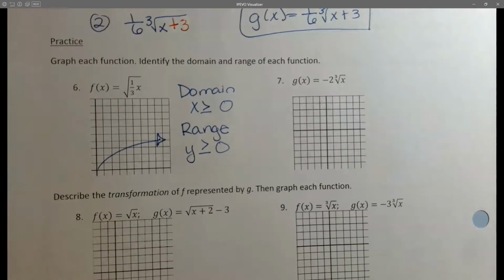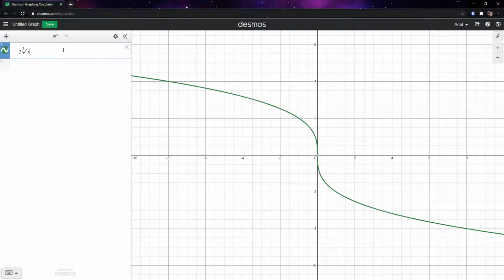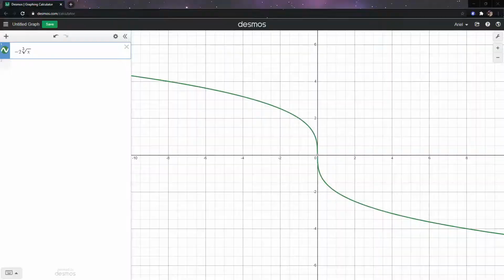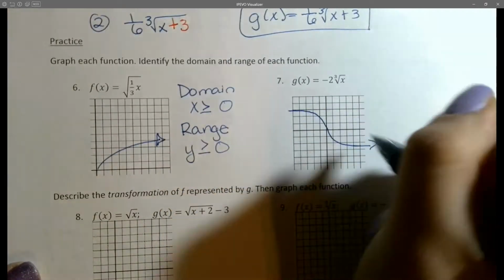Then I want to go ahead and graph number 7. This one is -2 cube root of x. So this is what this one looks like. I'm going to go ahead and sketch it on my paper.